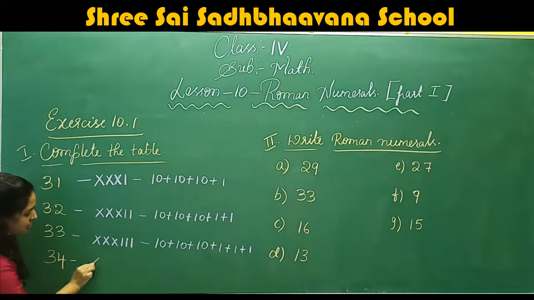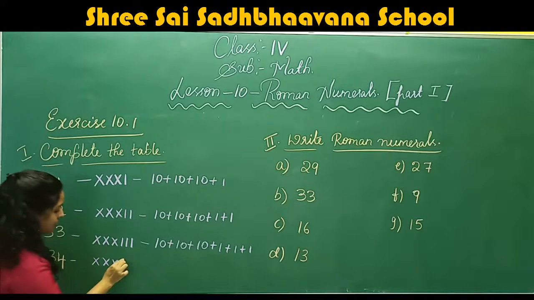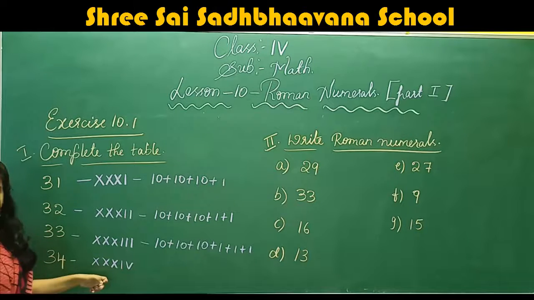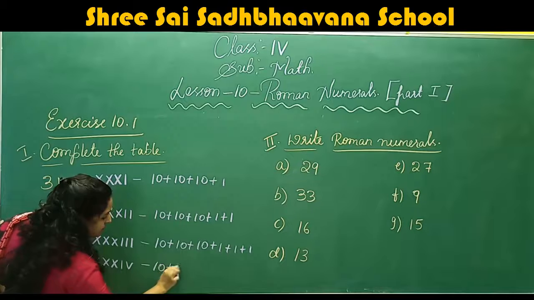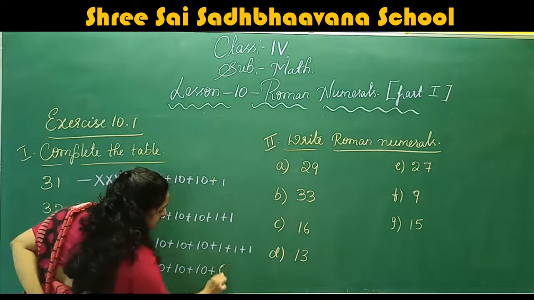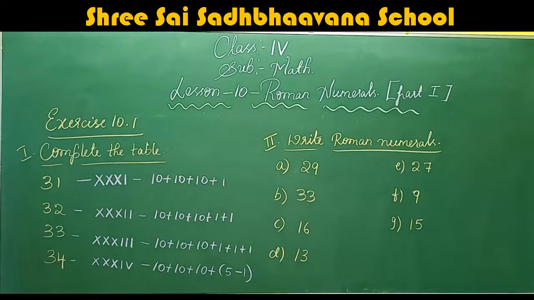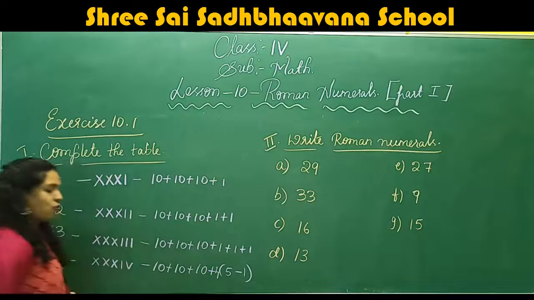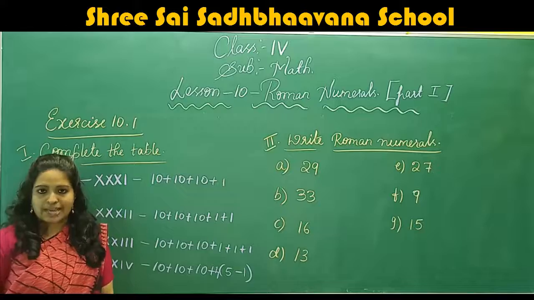How to write 34? 10, 10, 10 and 5 minus 1. Correct? This is nothing but 5 minus 1. So, even write here 10 plus 10 plus 10 plus in bracket 5 minus 1. In this way, you can write. Okay? Here if you want, you can just write 4 and in bracket you can show 5 minus 1.